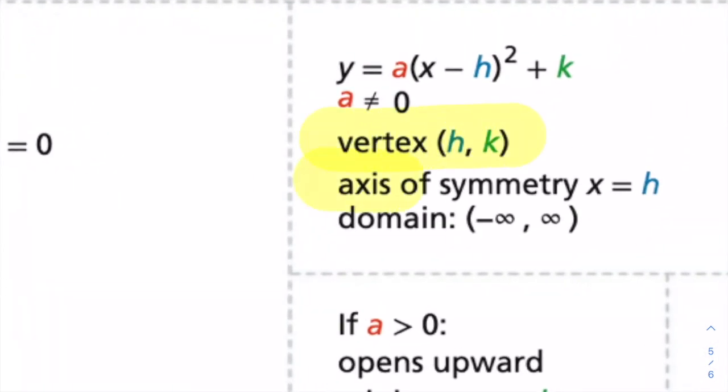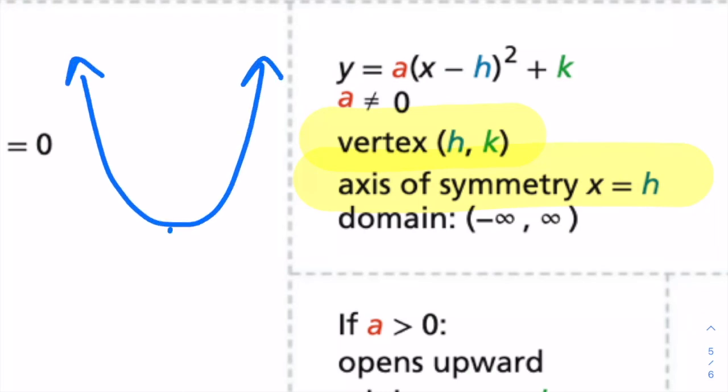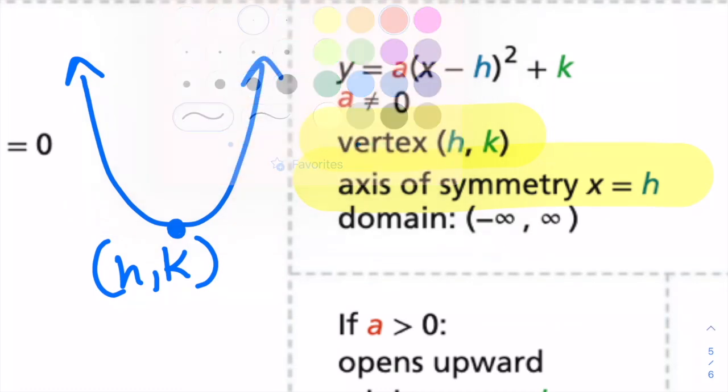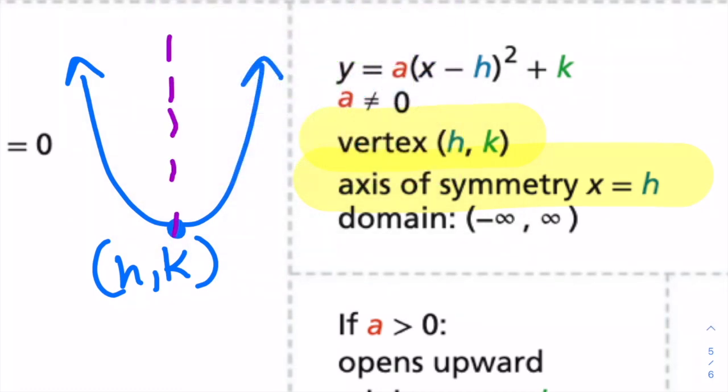And the axis of symmetry is the vertical line that cuts the parabola in half. So if this point is (h, k), the axis of symmetry would be a vertical line, almost like the fold that I could wrap the parabola around to show that it's symmetrical. And this vertical line is always x equals h, because vertical lines always start with x equals.